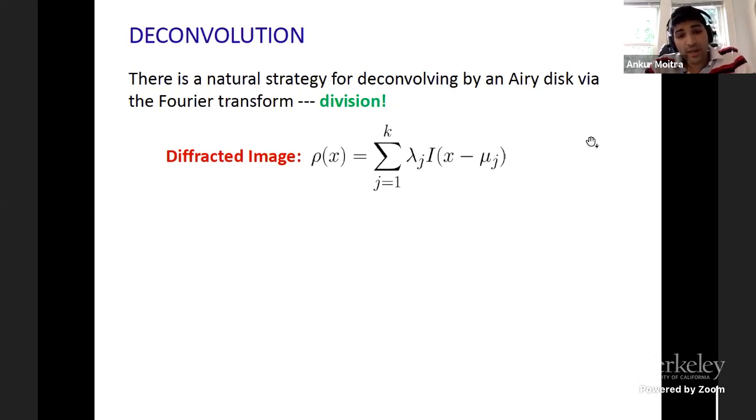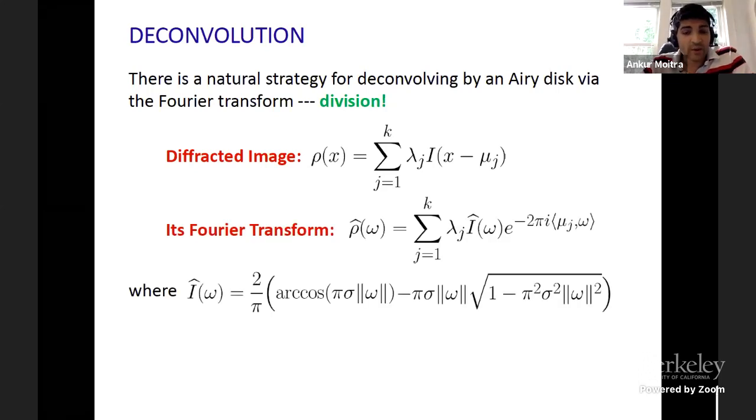So I said that the Fourier transform is very important, and it is. So let's take the Fourier transform. That's called p hat of omega. Now it's a nice linear function, the Fourier transformation. So we still get this linear combination of these mixing weights lambda j, no surprise there. We get the Fourier transform of the Airy disk. That's going to play a really key role. But now what does translation do when we translate the center from 0 to the location mu j?